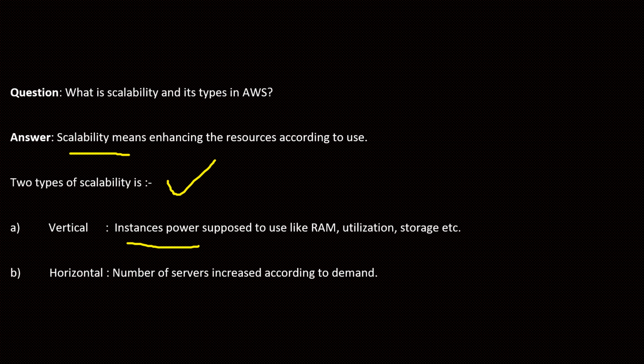If we wish to increase the RAM utilization and storage according to the request, it is called vertical. Horizontal means the number of servers or equipment increases according to request demands, which is horizontal scaling.